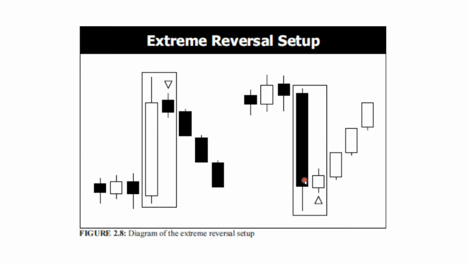Look at it this way. When the market sells off sharply in one giant candlestick, traders that were short during the drop begin to cover their profitable positions by buying.